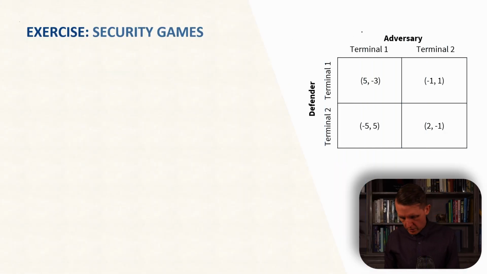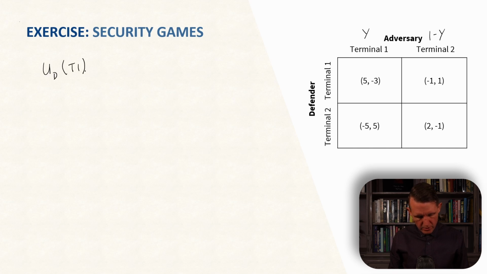So let's assign y the probability the adversary attacks Terminal 1, and 1 minus y the probability they attack Terminal 2. To make the defender indifferent, we want the utility for the defender of defending Terminal 1 to be equal to the utility of defending Terminal 2.